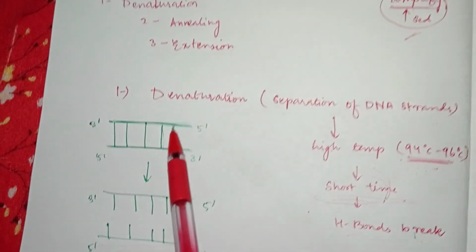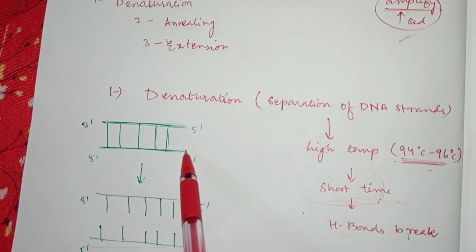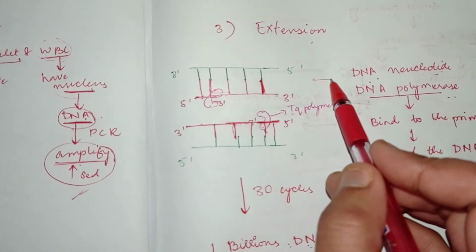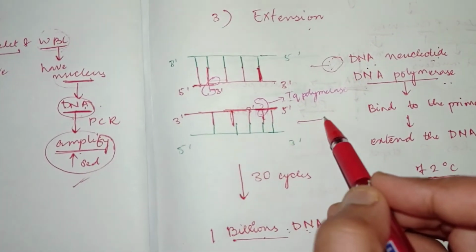So here from one double stranded DNA structure we got two double stranded DNA structures. This is one and this is two.